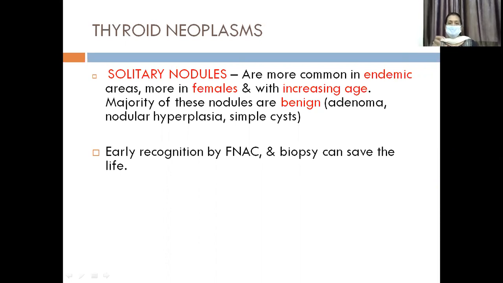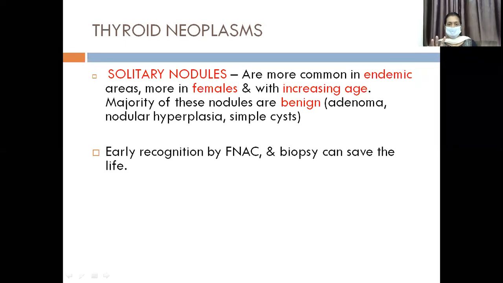So what happens? There is dilatation of the follicles with extensive cystic change, and the hormone is present in the form of colloid. This is a simple colloid goiter, which is usually diffuse, involving both the lobes.